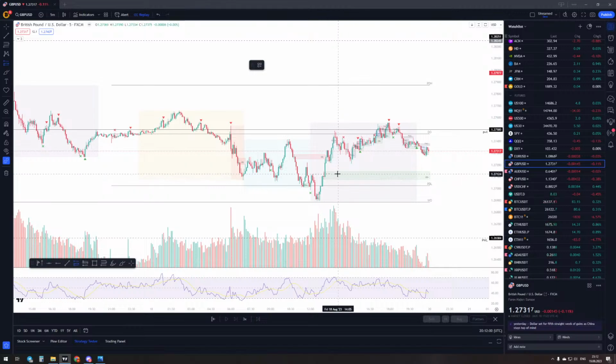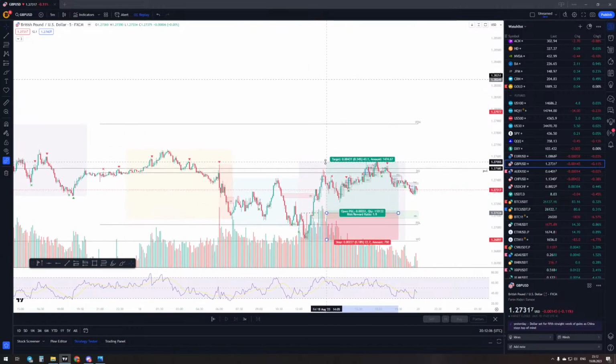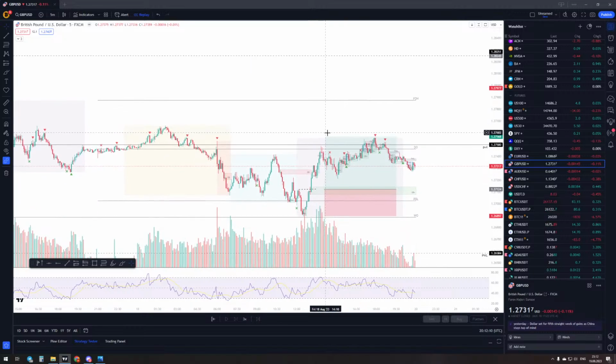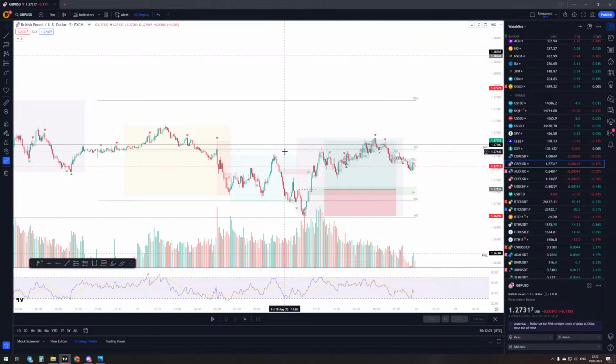Even if you enter somewhere here, your stop will be 22 pips. You need at least 44 pips. The same. So this is your trade, 1 to 2. But it wouldn't be super fast. You could have waited.